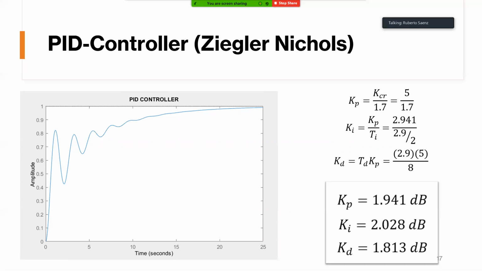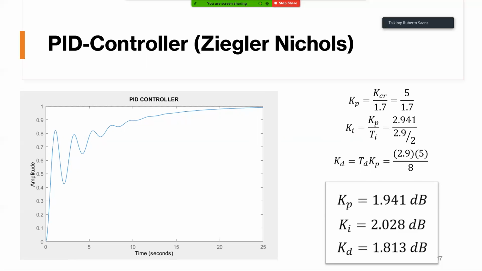So our critical gain 5 over 1.7 leaves us a value of 2.941 decibels. Our integral gain is going to be the same as last time, Kp over Ti. Using the same method as before, this gives us an integral gain of 2.028 decibels.